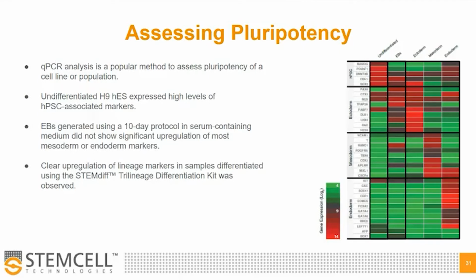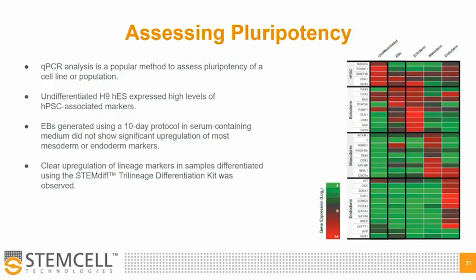In the heat map on the right, you can see that undifferentiated H9 ES cells expressed high levels of hPSC associated markers. EBs generated using a 10-day protocol in serum containing medium did not show significant upregulation of most mesoderm and endoderm markers.